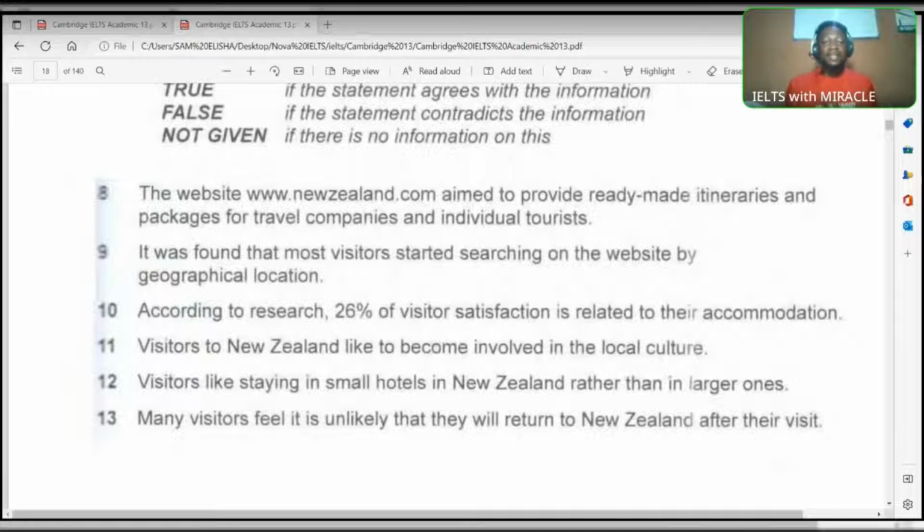Let me use number 12 as an instance. Visitors like staying in small hotels in New Zealand rather than in larger ones. There is a comparison here, right? They are comparing the stay of visitors in small hotels.